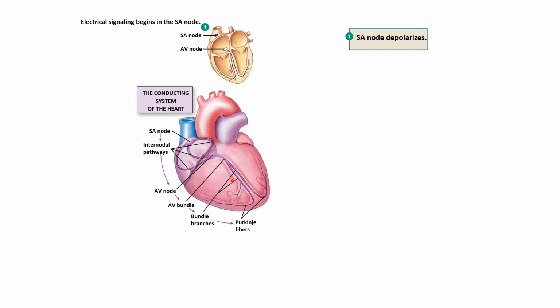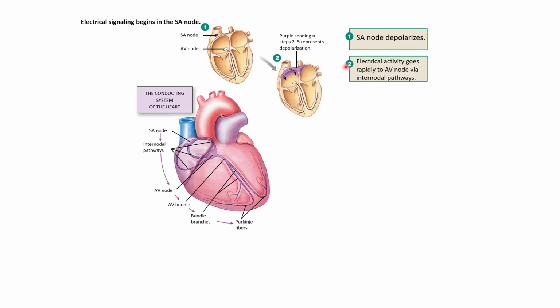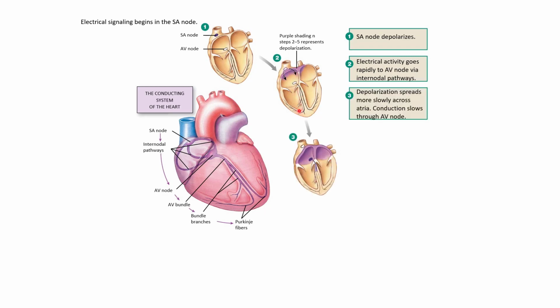So the pathway that it goes is first the SA node will depolarize, and as that depolarizes, that electrical activity starts to spread out and will rapidly pass to the AV node, because it's going through these internodal pathways via the pacemaker cells found within those.